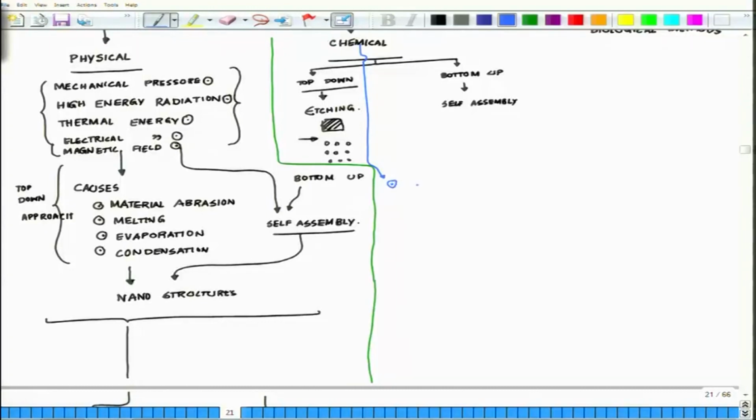So they have sol-gel synthesis. You have a sol and have a gel. We'll talk later about the detail of these kinds of synthesis.